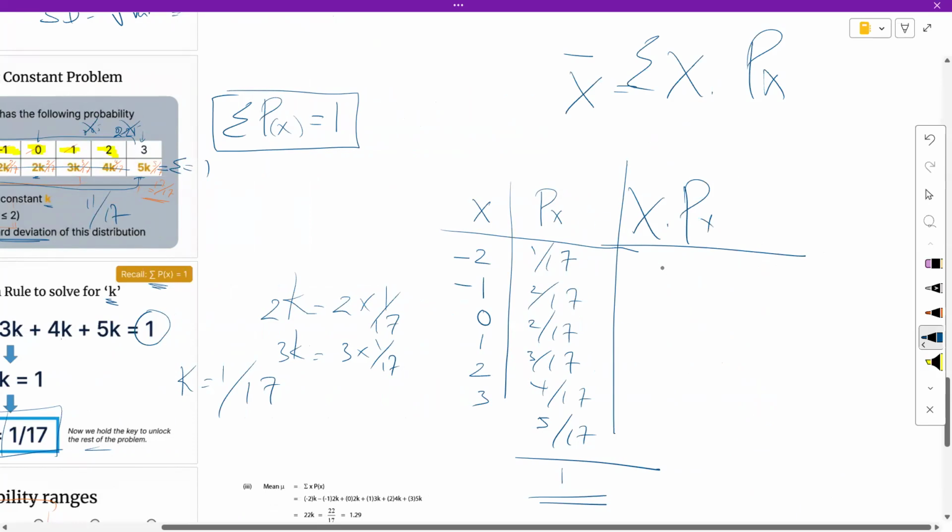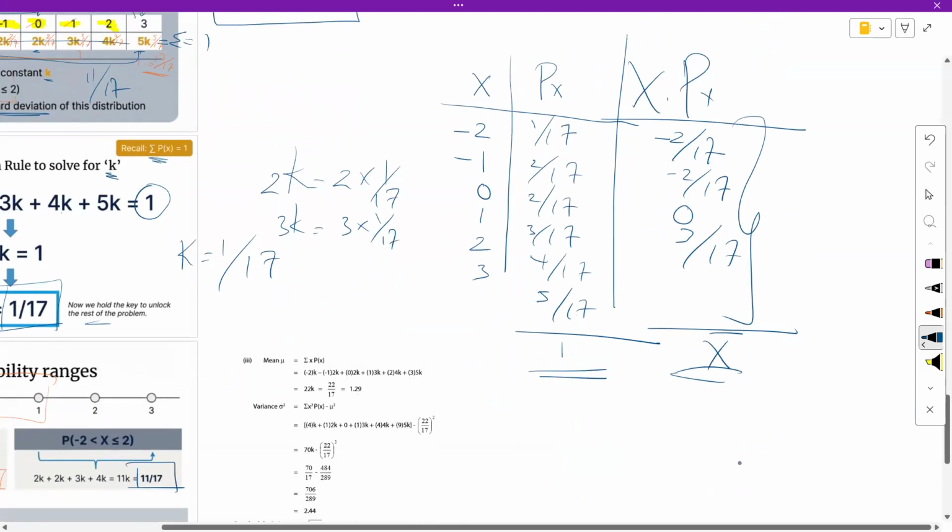Here minus 2 into 1 over 17, minus 2 over 17, and so on, like that we can get the sum, and the total will be the expected value or mean.